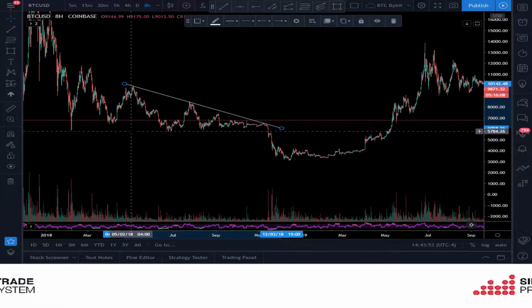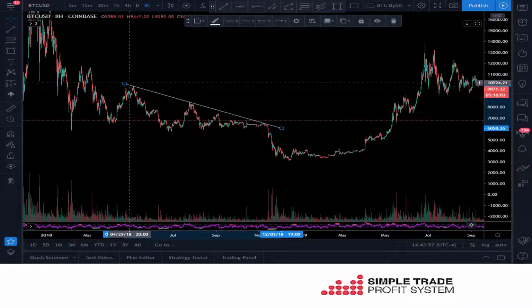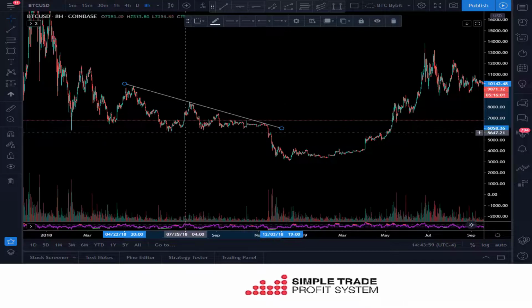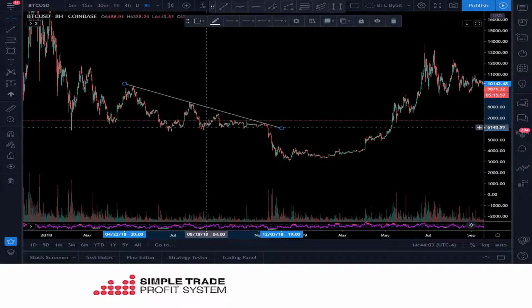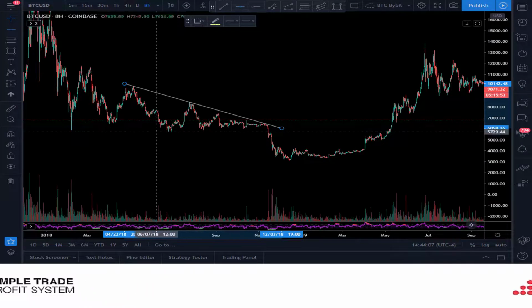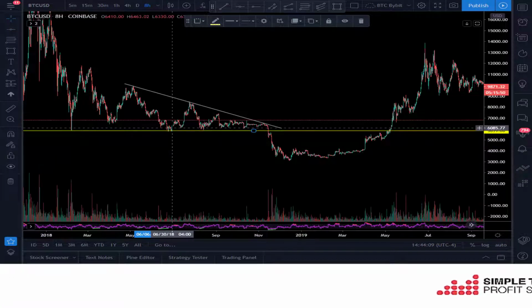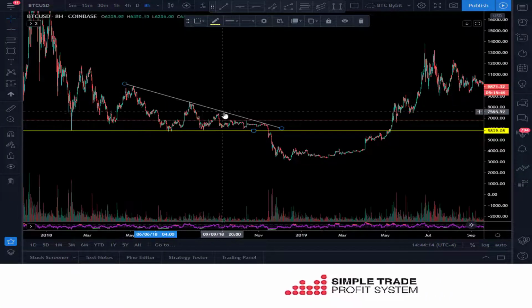So these become diagonal support and resistance, where once this trend starts to form, we have this point touching, this point touching. Let's say I'm a buyer and I bought in down here because we know that this was support down here. As price came up here, we have our line drawn.